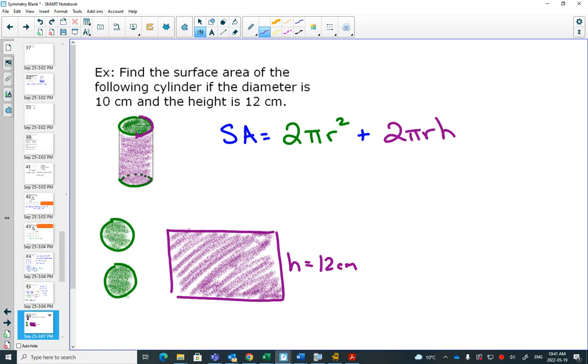That would be like from there all the way around to there. Yes, that's the circumference of your circle. And the circumference of your circle, the formula is 2 pi r. Notice this formula is just circumference times height. That's why I like this formula so much. It has so many cool things built into it.